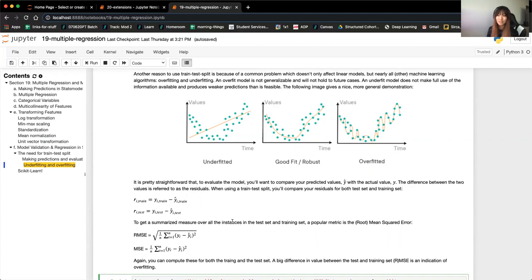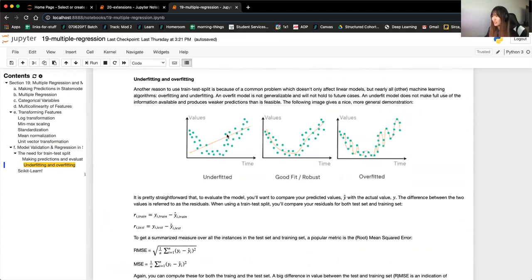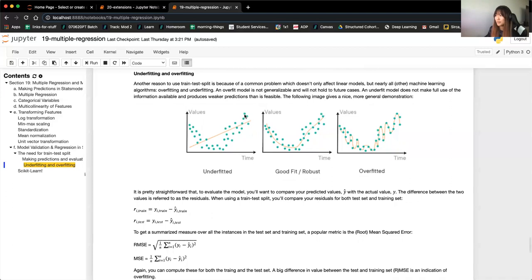R-squared is really just a proportion of how much more variance is explained by a best fit line. In a similar sense, we're using RMSE to check for overfitting or underfitting. RMSE is root mean squared error, basically a measure of the average distance each of these points is from the line. We're going to compare the RMSE of our training data to the RMSE of our testing data.